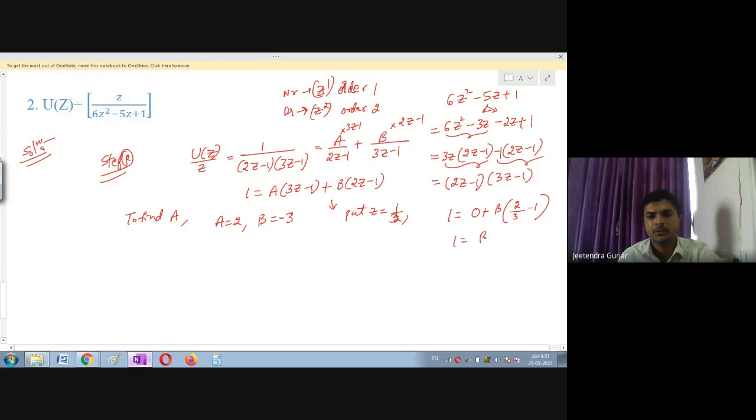So 1 is equal to B into minus 1 upon 3, or you can just see 3 will go to this side. So 3 is equal to minus B, or B is equal to minus 3. Students, yes, B is minus 3. Please check. If I put z is equal to 1 upon 3, take the LCM in this, and then you can substitute. So B is equal to minus 3. I think I confirmed that A is 2 and B is minus 3.